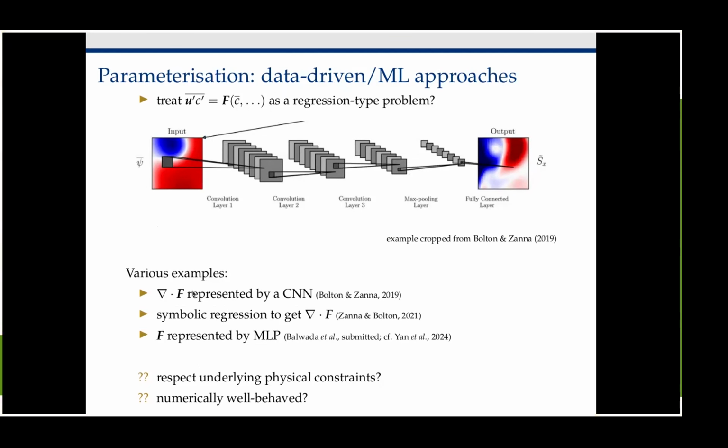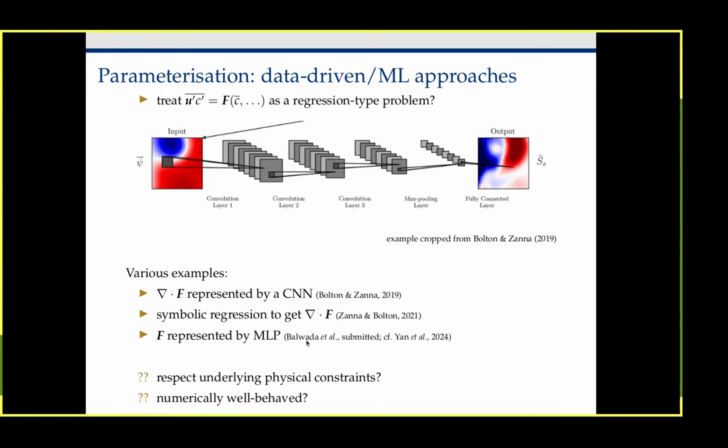The first example is some work led by Tom Bolton at Lausanne. This would be when you represent the divergence of the flux, an eddy forcing, by a convolutional neural network. You can do symbolic regression, which in principle gives you some sort of interpretability.